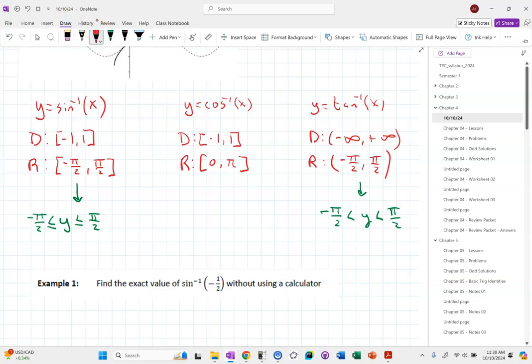So this next example says find the exact value of sine inverse of -1/2 without using a calculator.